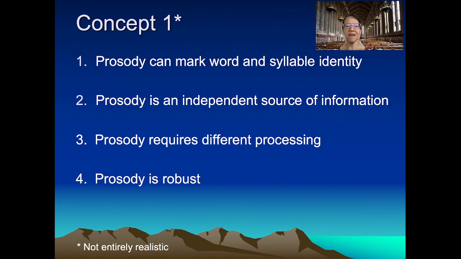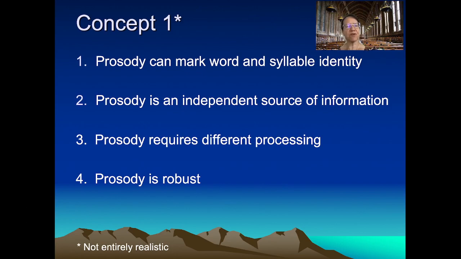We know that prosody can mark word and syllable identity, and we saw that in Lecture 11. So we can, in some ways, maybe think of prosody as an independent source of information. It's not the same sort of segmental content that's telling us what the individual phones or phonemes are, but instead it carries this additional information.